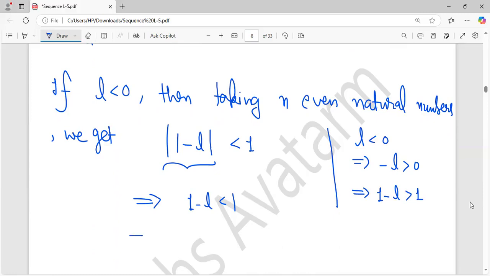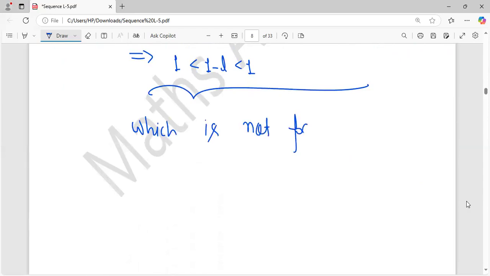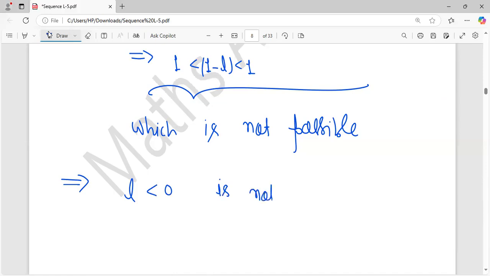It means 1 - L is greater than 1 and also less than 1, which is not possible. So L less than 0 is not possible.